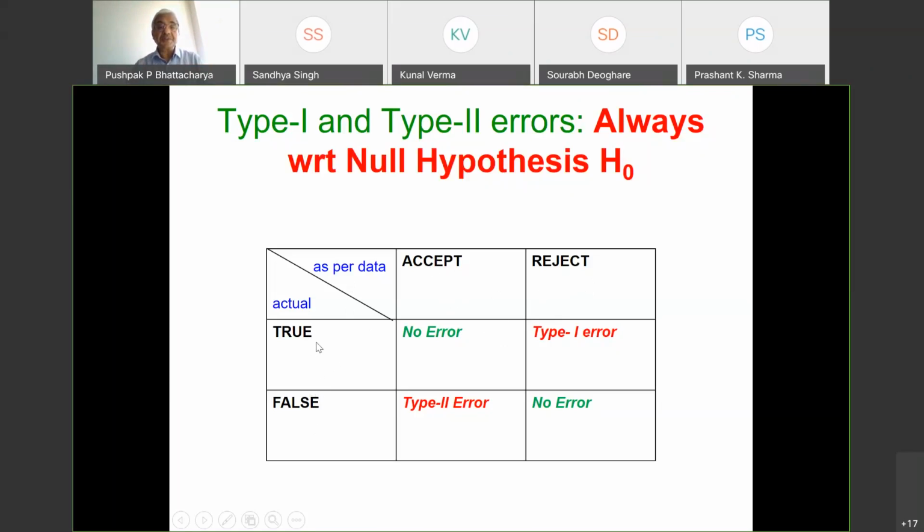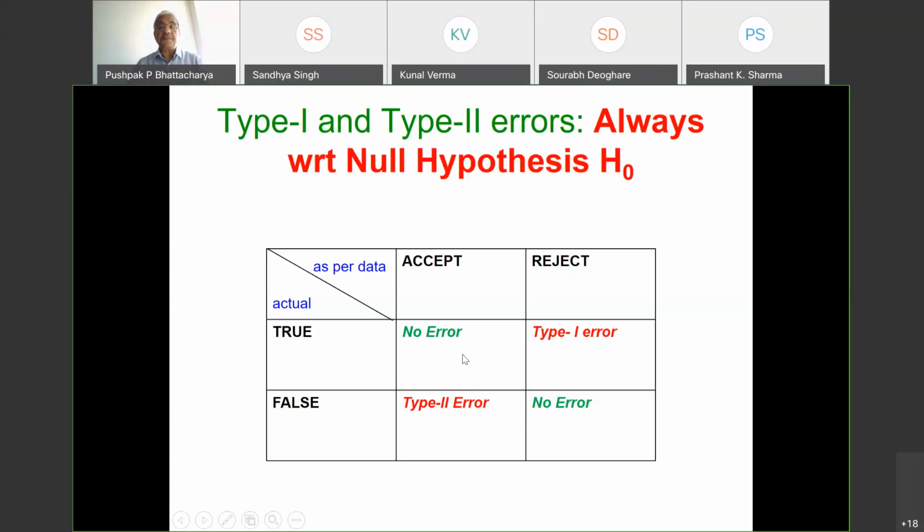Now, if the hypothesis is true and we accept it, then this is a no error situation. If the hypothesis is false and we reject it, this is also a no error situation.